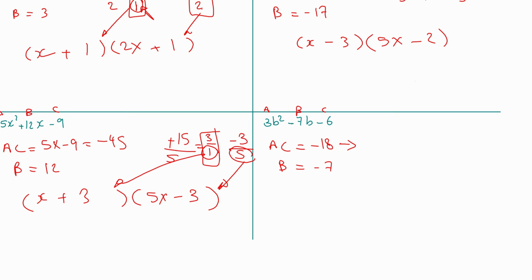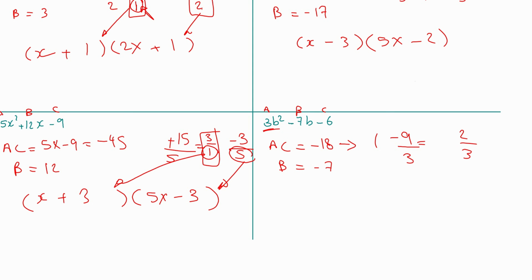Yes, negative 9 and 2. Negative 9 times 2 equals negative 18 and their sum is negative 7. Then we will divide by the coefficient 3, dividing both of the fractions by 3.